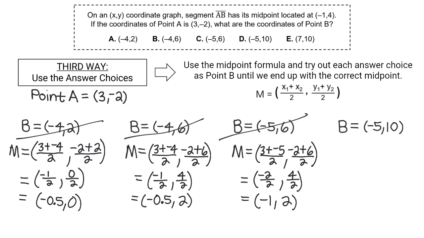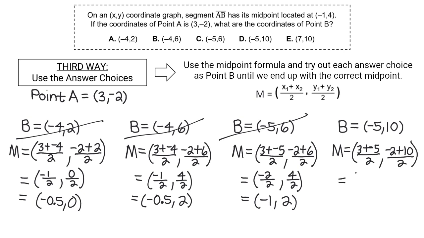Now let's try point A being 3, -2, and point B being -5, 10. Calculating the midpoint, you're going to end up with (3 plus -5)/2, and (-2 plus 10)/2.